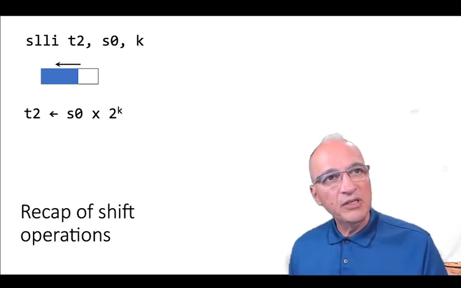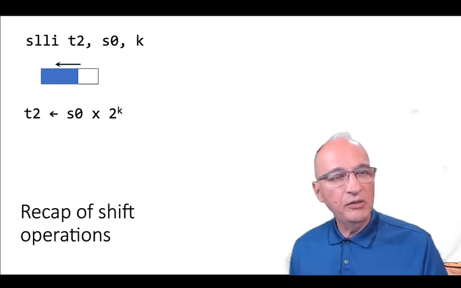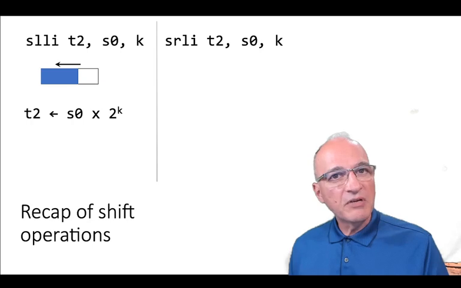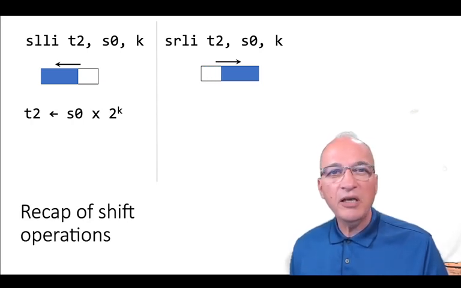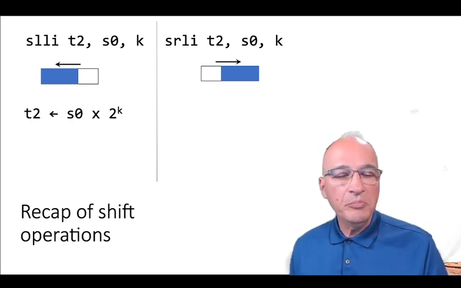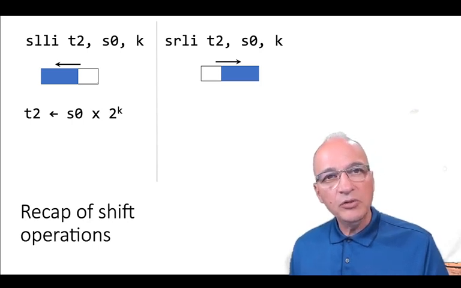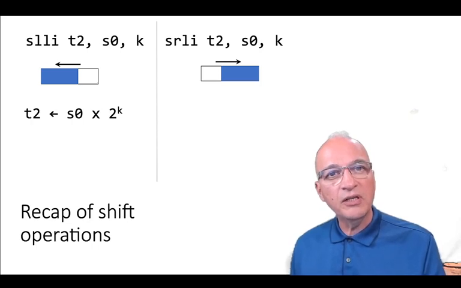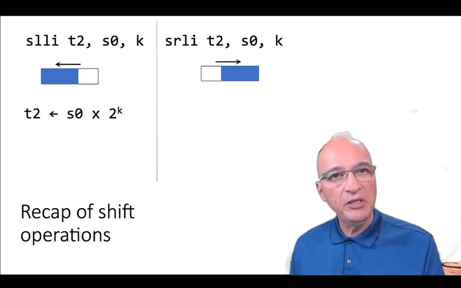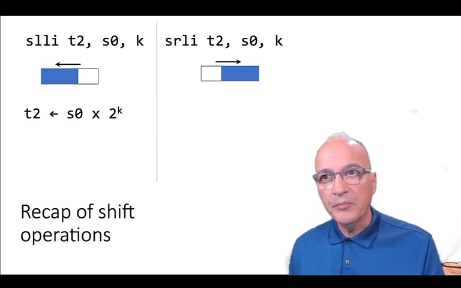And this is equivalent to multiplying by 2 to the k, where k is the value of the immediate. I have a shift right logical immediate operation that consists of shifting to the right and inserting zeros on the left. It has no arithmetic meaning because it wouldn't work for negative values. It has the meaning of the floor of the division by 2 to the k if the number is unsigned.